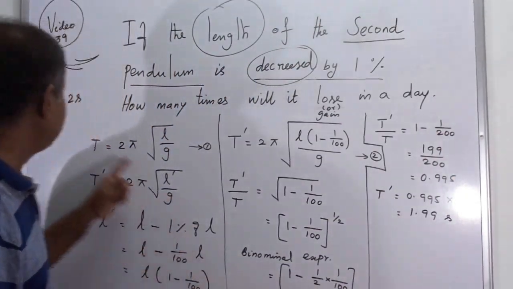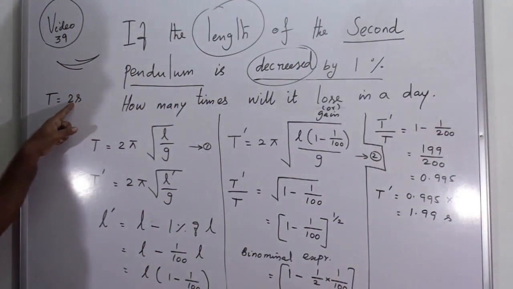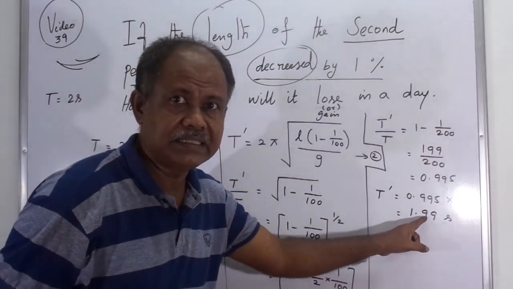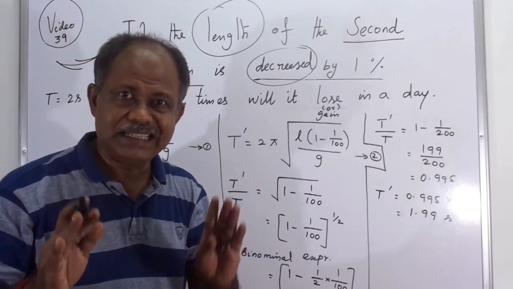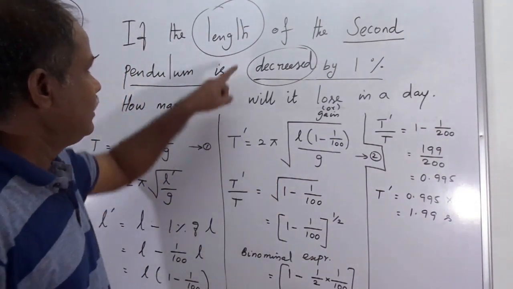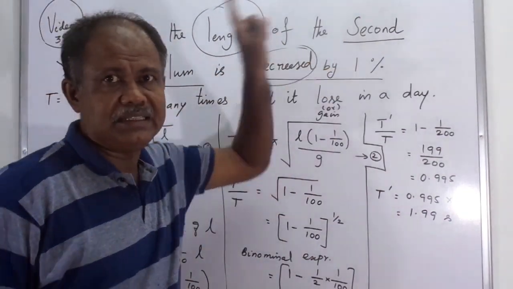Previously the T value was 2 seconds. Now it is 1.99 seconds. What does it mean? The time period decreased when decreasing the length.